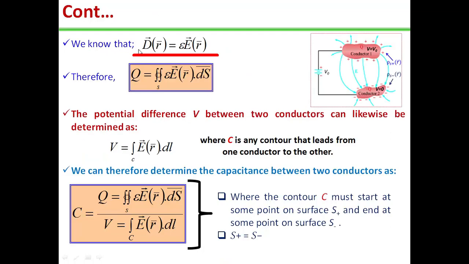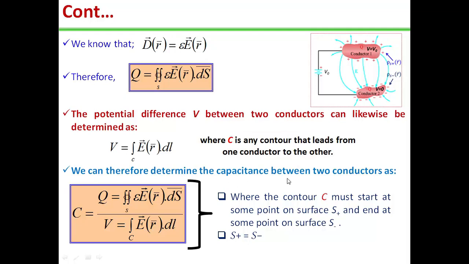And also we know that D is equal to epsilon E. Therefore, the total charge Q can be written as Q is equal to the surface integral of epsilon E dot ds. The potential difference V between two conductors can be determined by the relation of E and V. We have V is equal to the line integral of E dot dl over contour C, where C is any contour that leads from one conductor to the other conductor, or you can say from one plate to another plate.